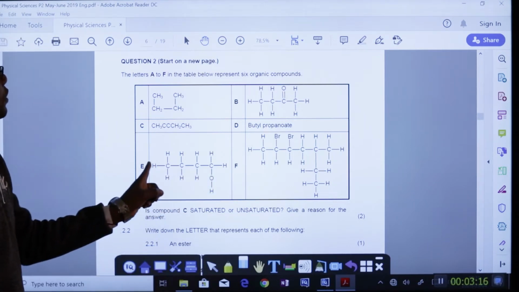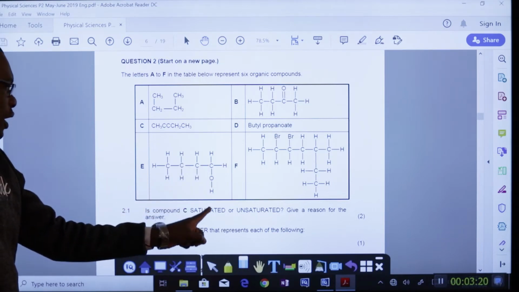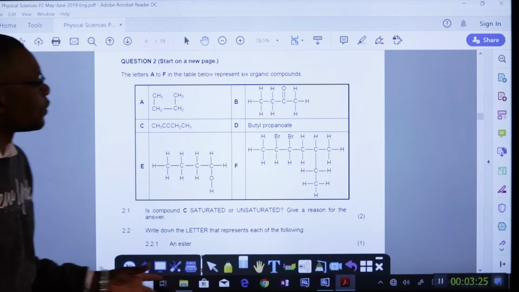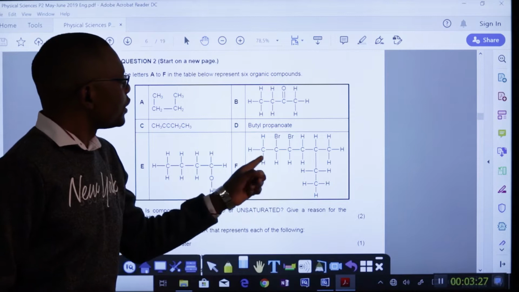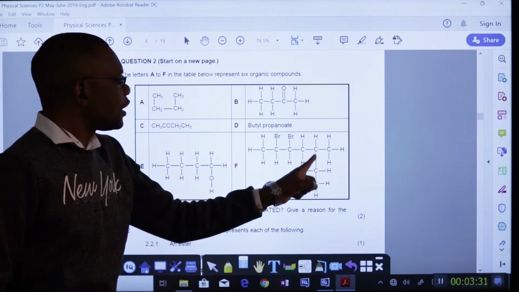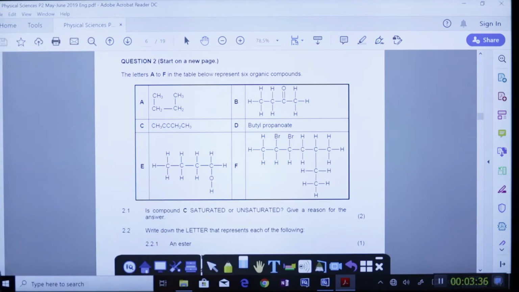This one is a straight chain, but there's a carbon-oxygen-hydrogen bond along the way. And here we've got 2 bromine atoms on a straight chain, with a 2 carbon chain attached as a functional group.